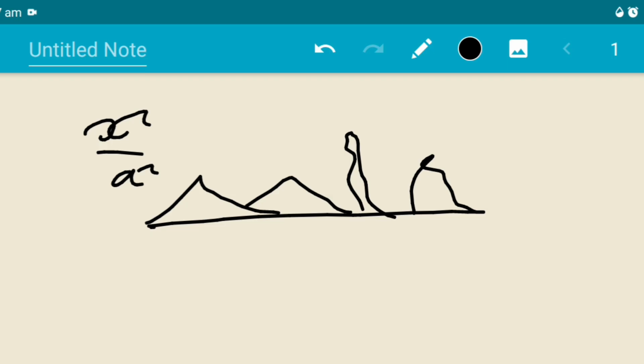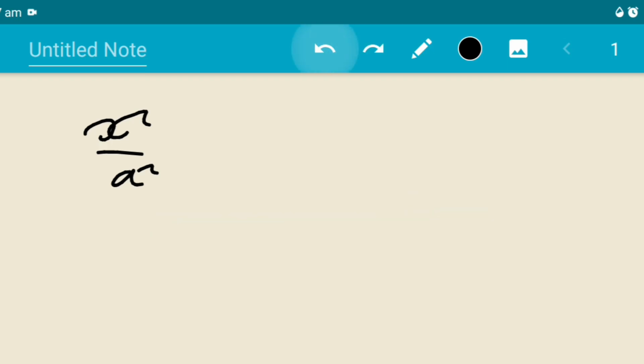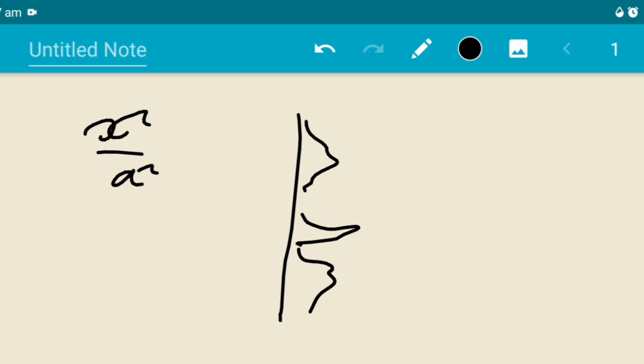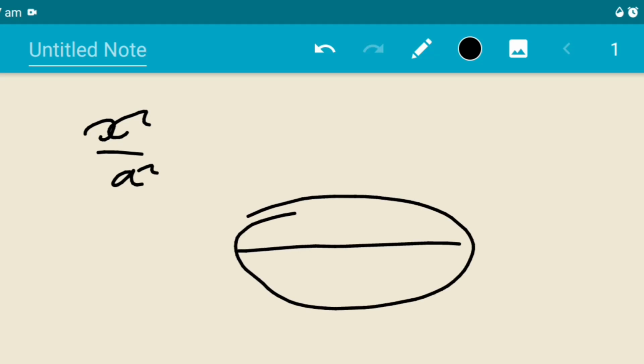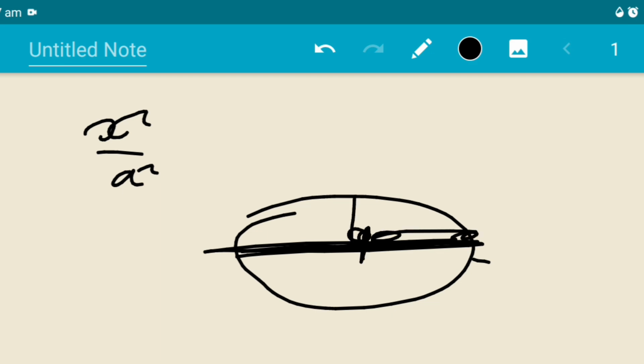That's how you draw it, in the x-axis. In a similar way, whenever you're drawing an ellipse and they haven't specified, always draw it like so, with the a, which is the longest distance, in the x-axis. From here to here is a, and from here to here is b.